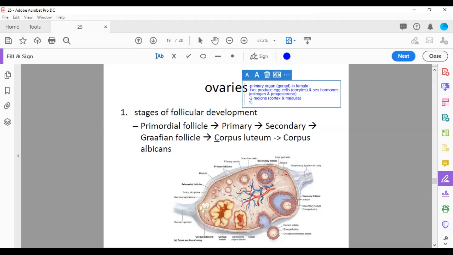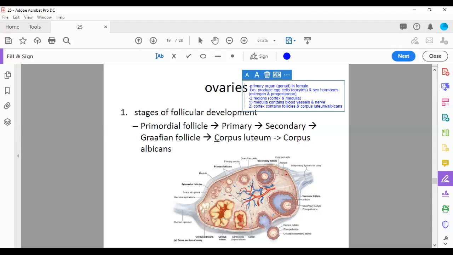The medulla contains blood vessels and nerves, while the cortex contains follicles as well as the corpus luteum and corpus albicans.